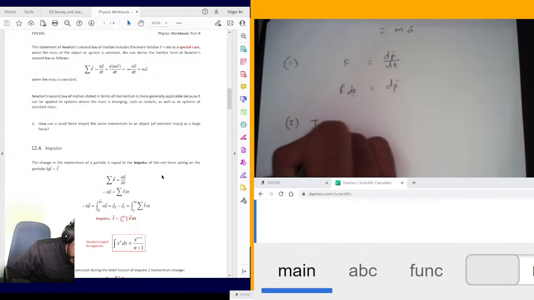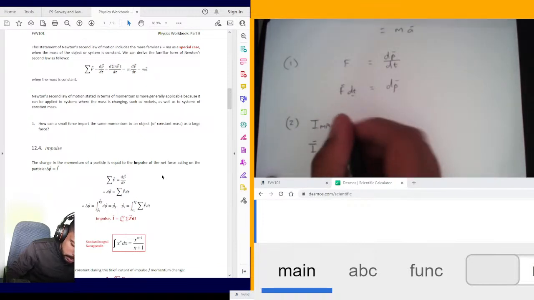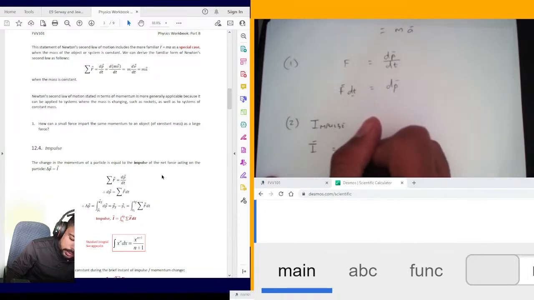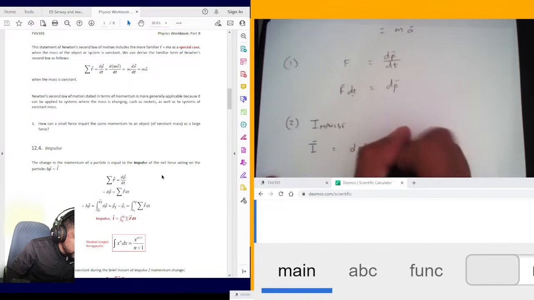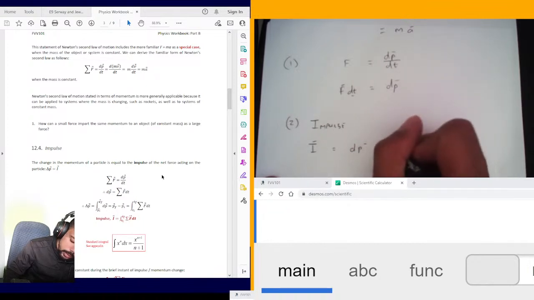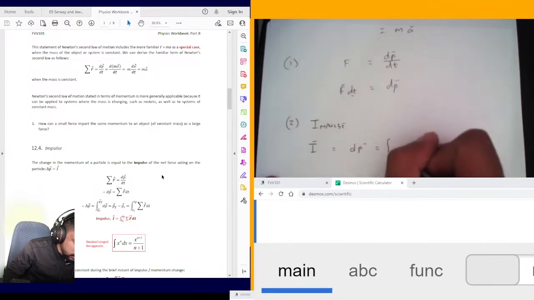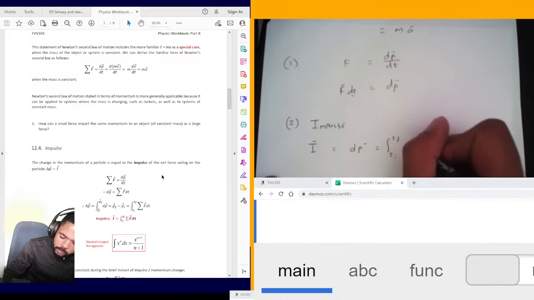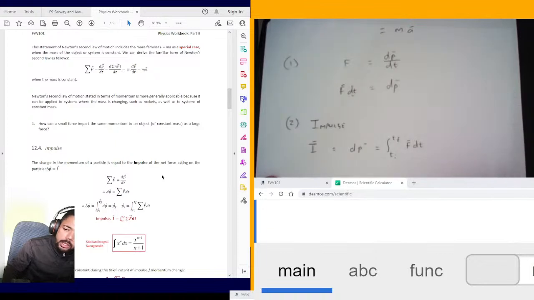Impulse is equal to the change in momentum, which is equal to the integral from the starting time to the end time of the force with respect to time.